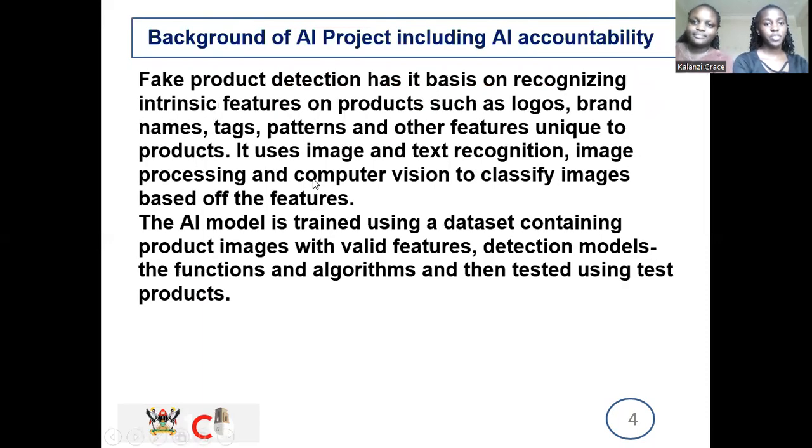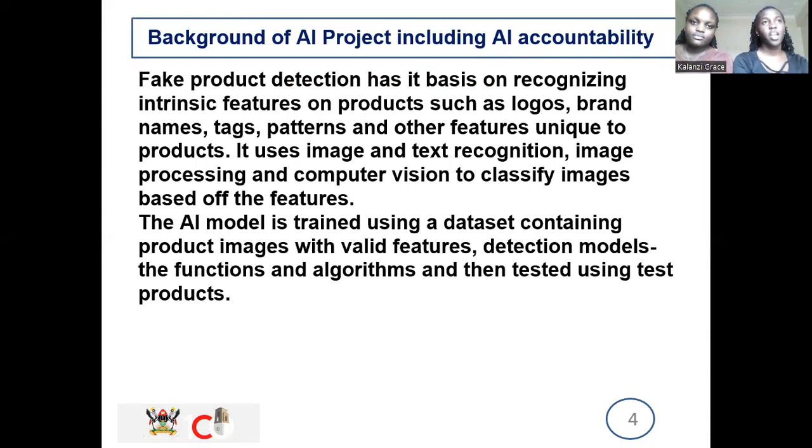Then a brief background of this project, including AI accountability. Fake product detection is based on recognizing specific features on products that make a product unique.